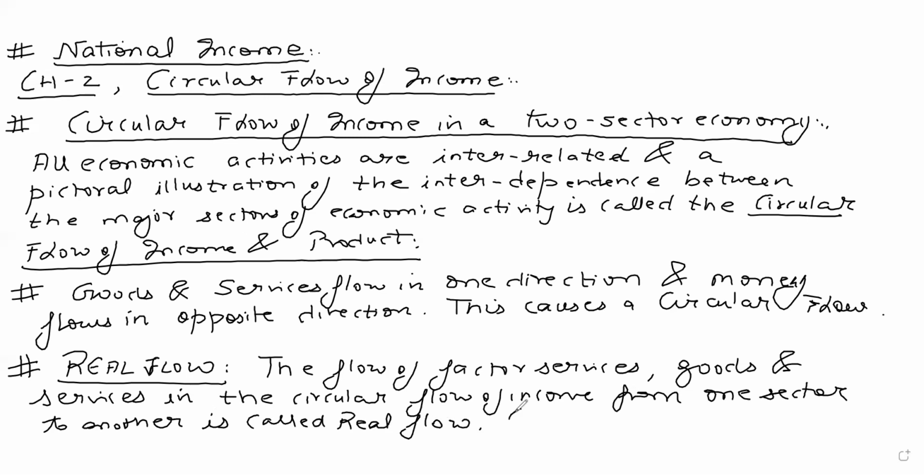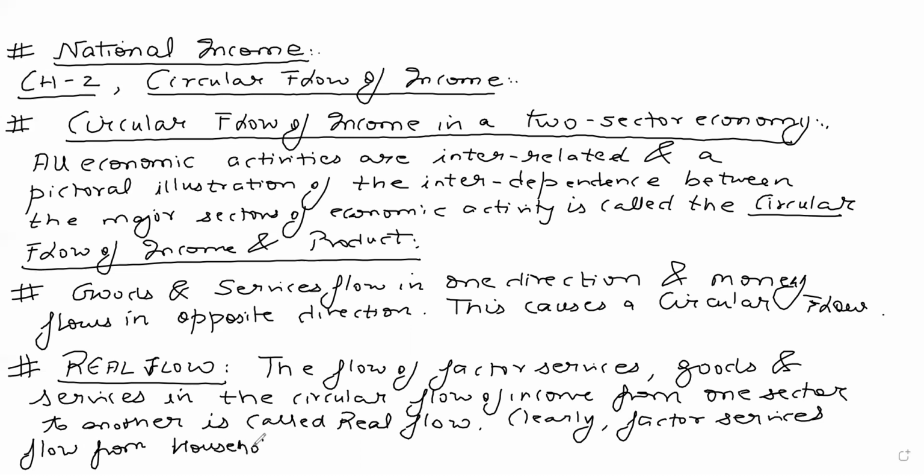Okay, so clearly the factor services flow from the households to the firms. Factor services flow from households to firms. How? You can clearly see that households provide the firms with land, labor, capital, and entrepreneur.